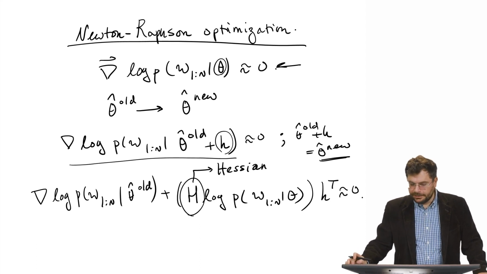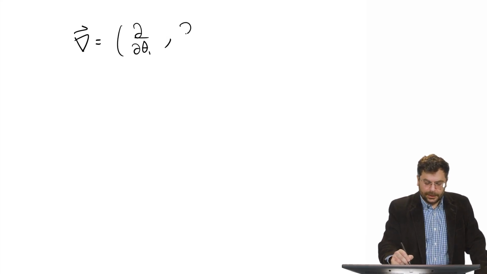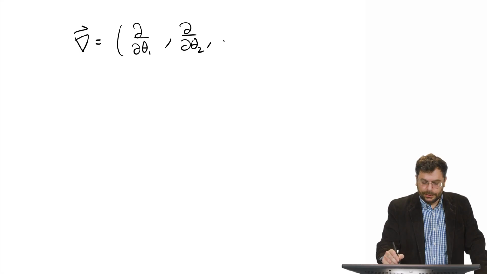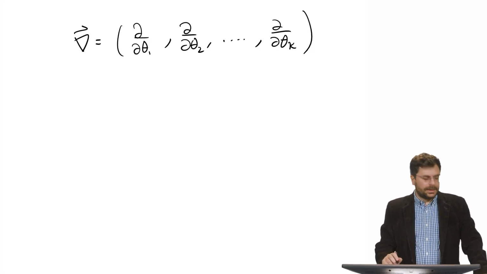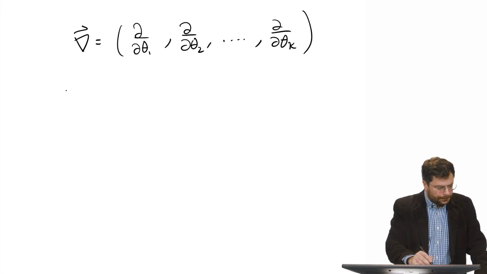So let's go ahead and define our h. And before that, let's define also our gradient. So our gradient was dd theta 1, dd theta 2, all the way to dd theta sub k, assuming that we have k parameters.